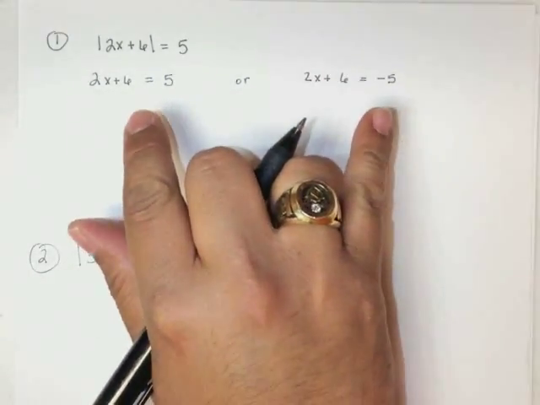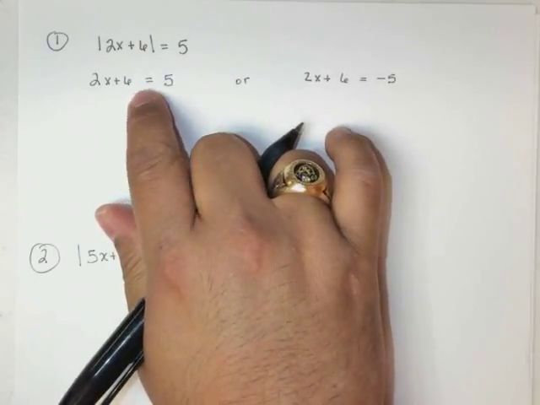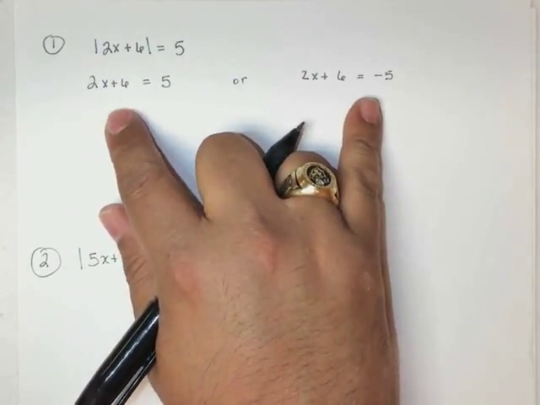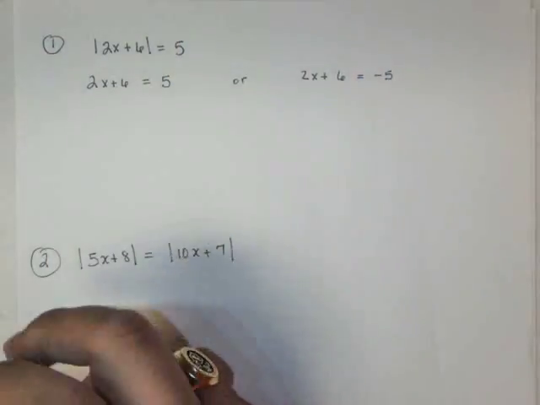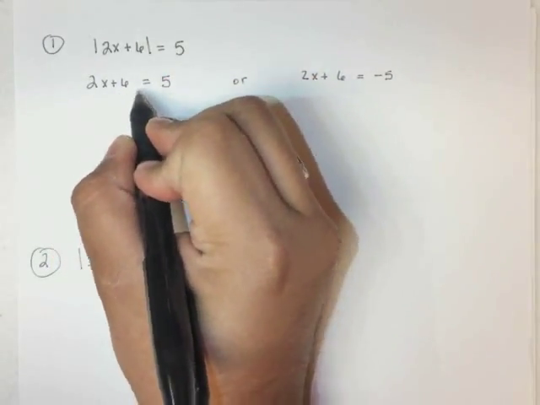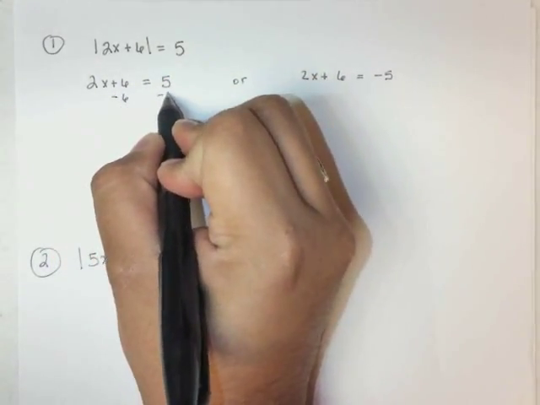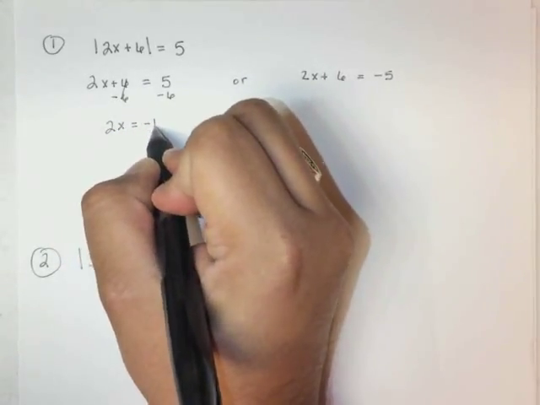So what happens is this creates two equations that we solve. They're very elementary equations now. The only confusing part I think was the absolute value there. But let's go ahead and take a look at this. It says 2x plus 6 equals 5. So subtract 6 from both sides. 2x equals negative 1.